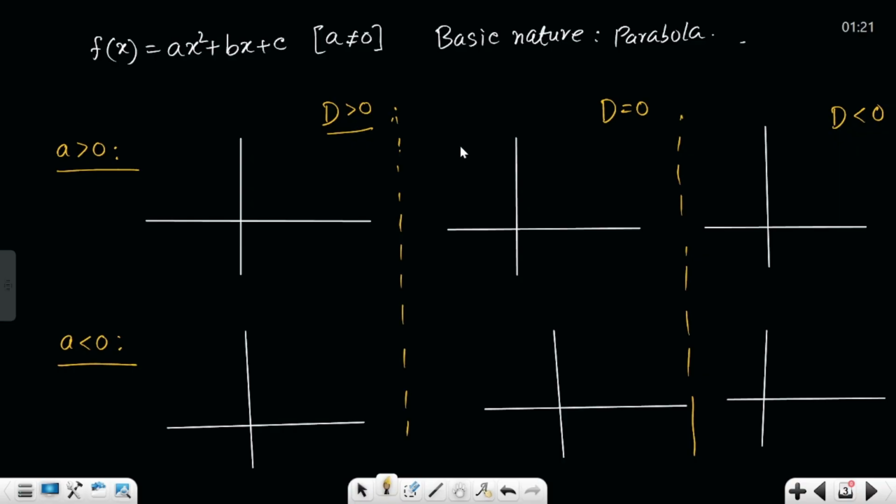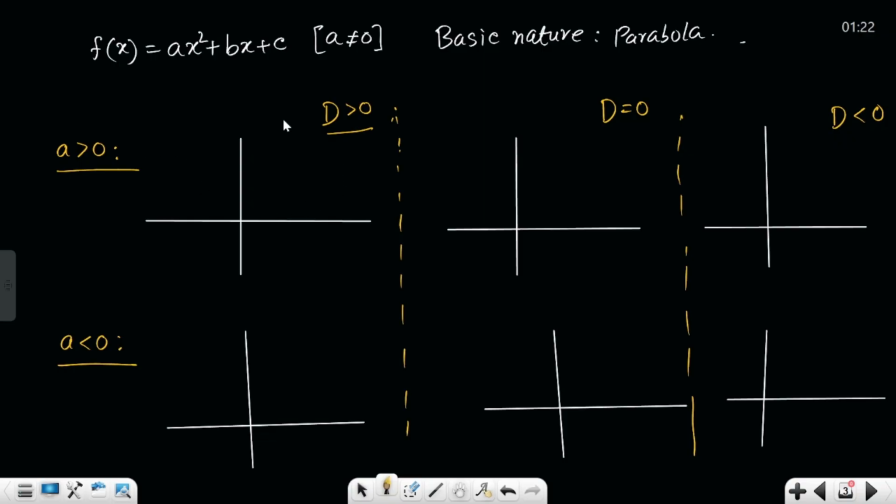Or you can say two distinct roots of the quadratic function. You know that the number of times a graph cuts the x-axis is the number of roots. So for D greater than 0, there are two distinct roots actually.